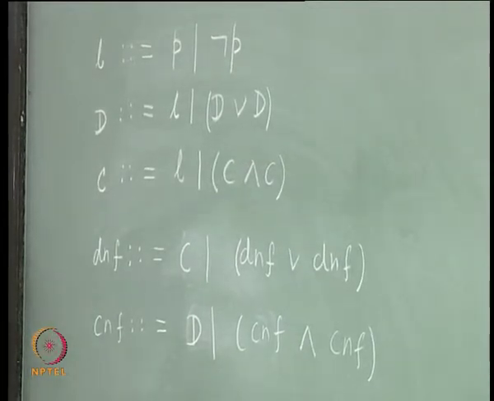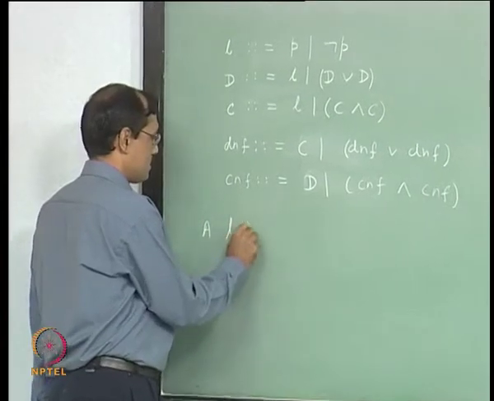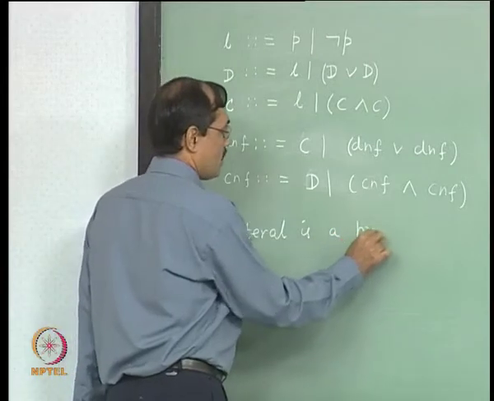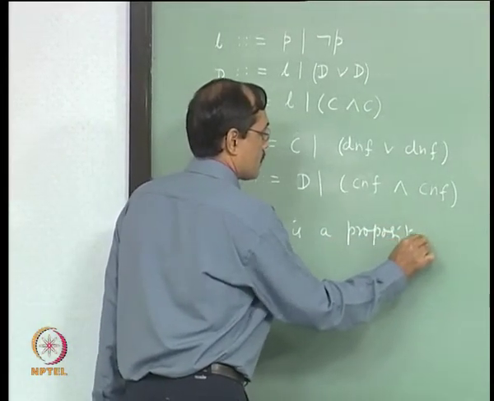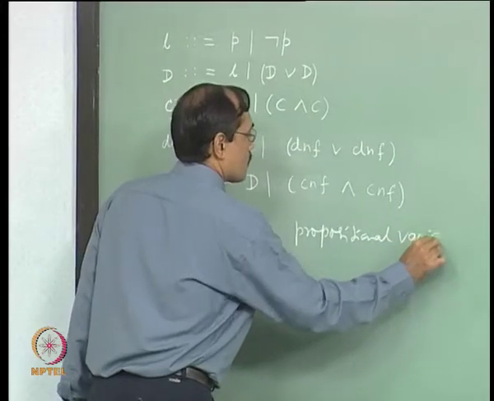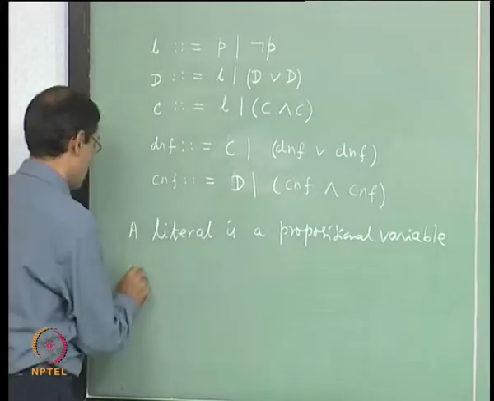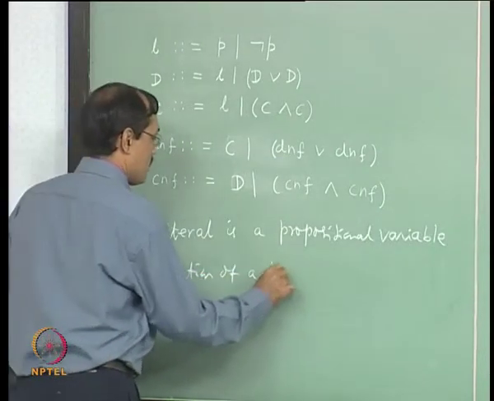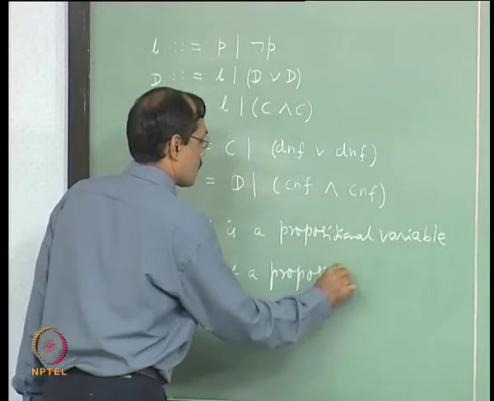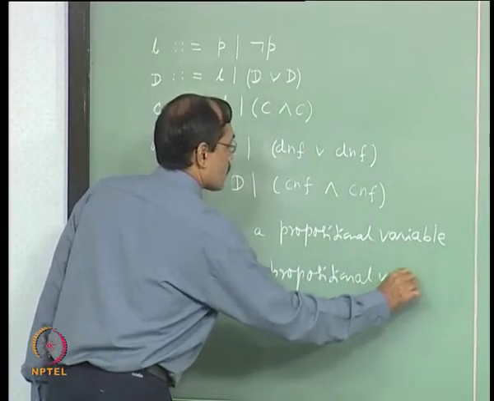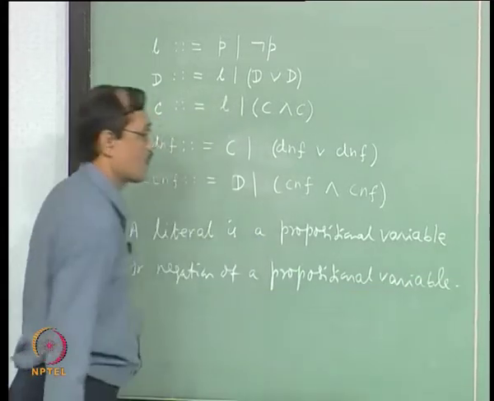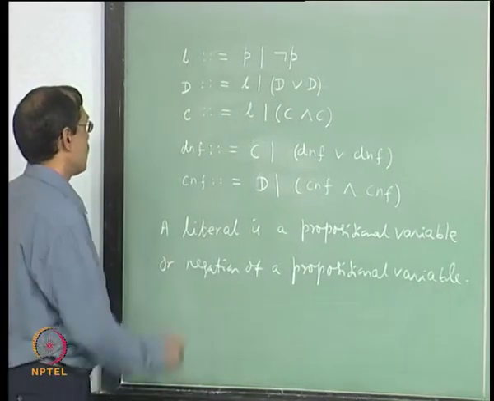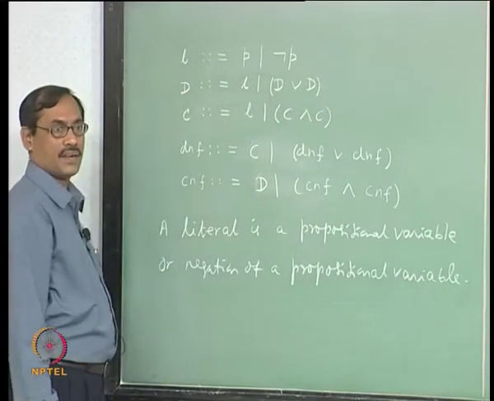Okay. If it is very cryptic, we will define in words. So, our definition will be a literal is a propositional variable or negation of a propositional variable. That sentence comes from this. Next we go for disjunctive clauses.